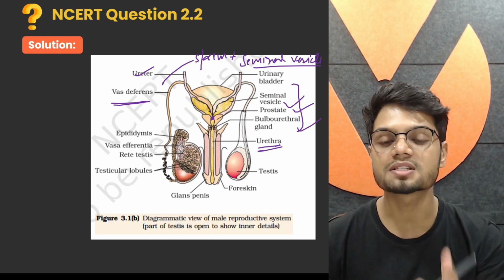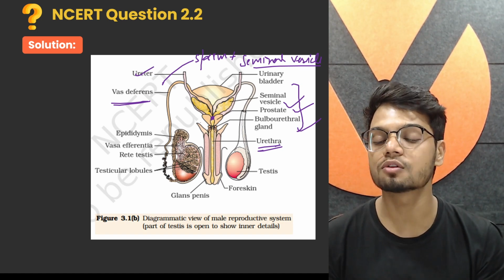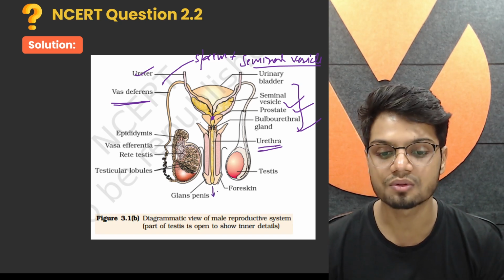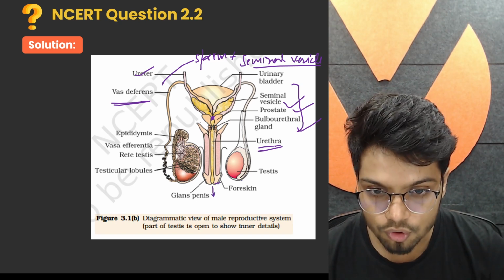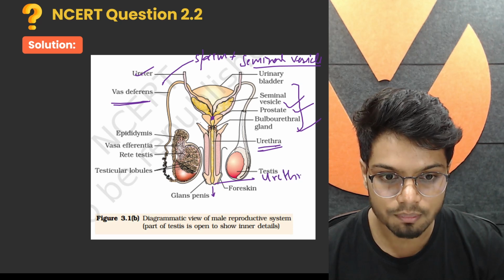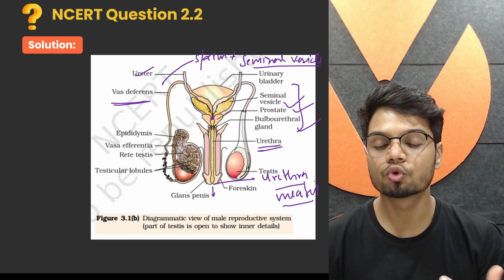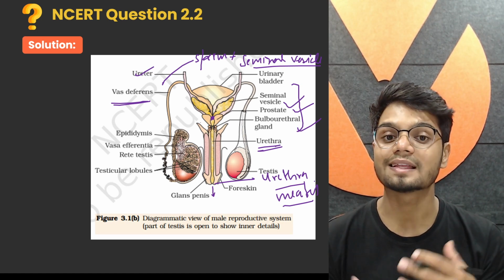The urethra is a common passage for sperm release and also urine release. Finally, the sperm is ejaculated outside through the urethral opening, the urethral meatus.